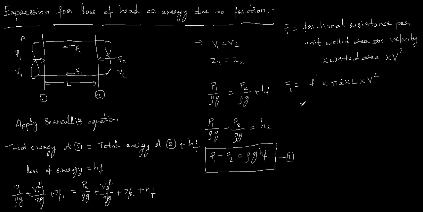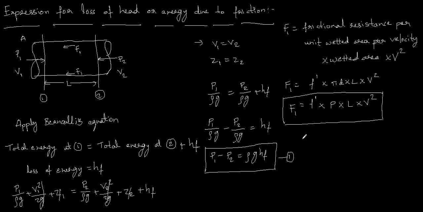So F1 can be written as f dash into pi d, which is the perimeter or circumference, into L into v square. So the resistive force F1 is f dash into perimeter into L into v square. Keep this equation aside.